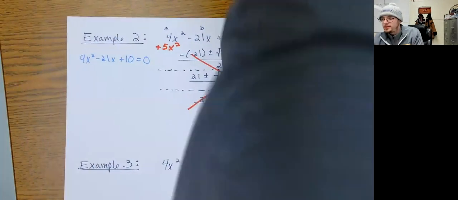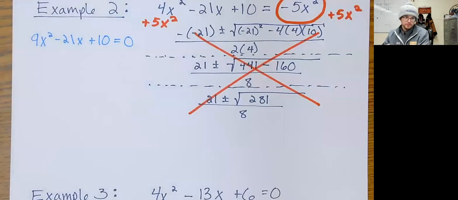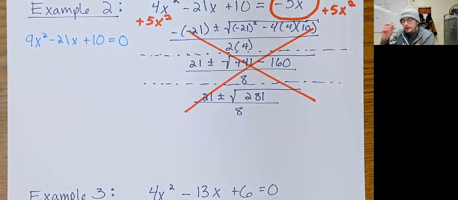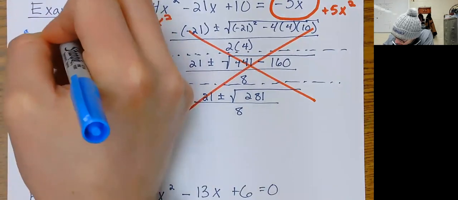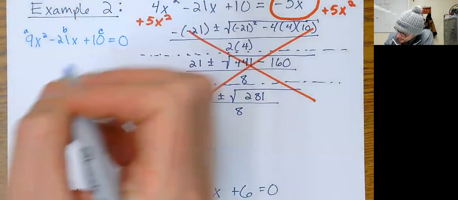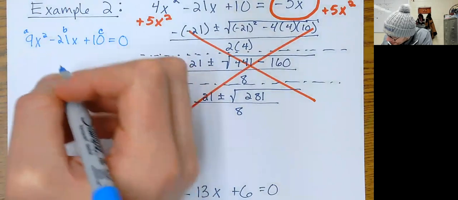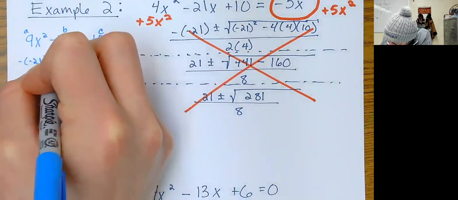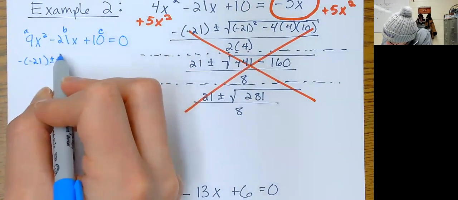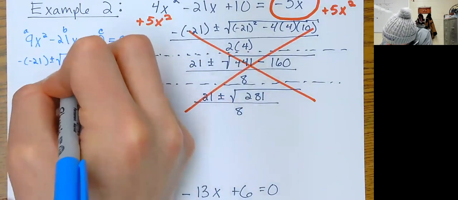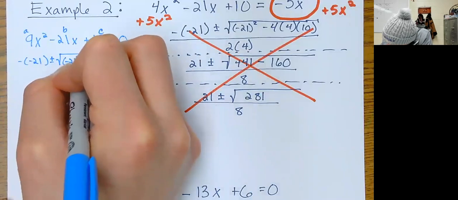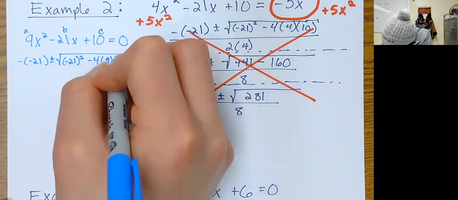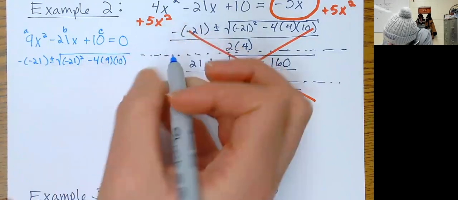So I'm going to zoom in on this because I'm going to write a little bit smaller, just for the sake of the room that I now have to solve this. So we have A, B, and C. So we're going to get still negative 21. So negative 21 plus or minus the square root of negative 21 squared minus 4 times 9 times 10.